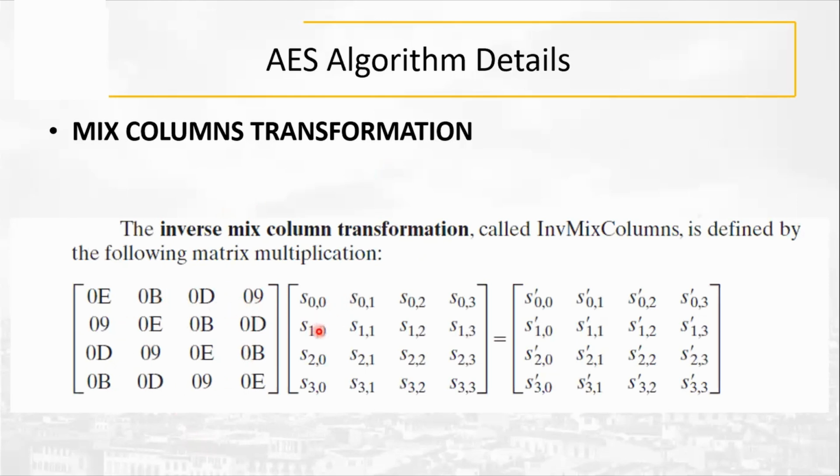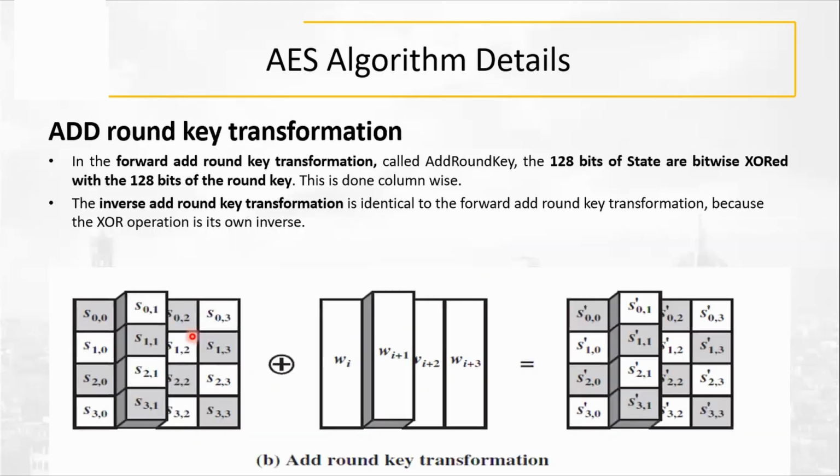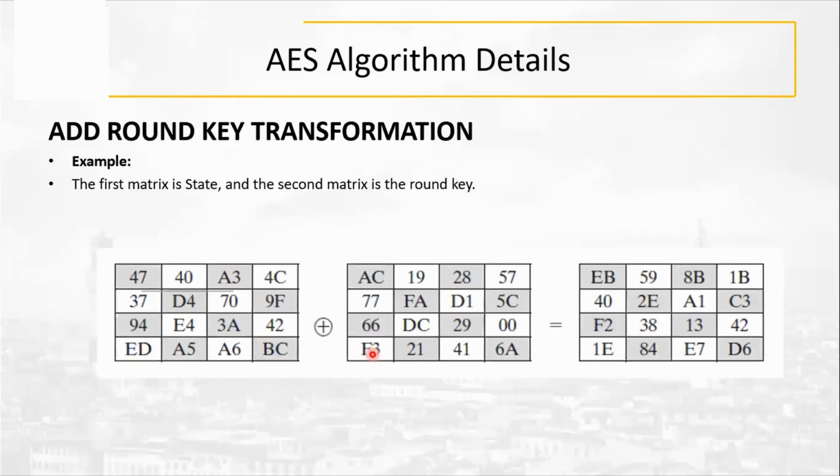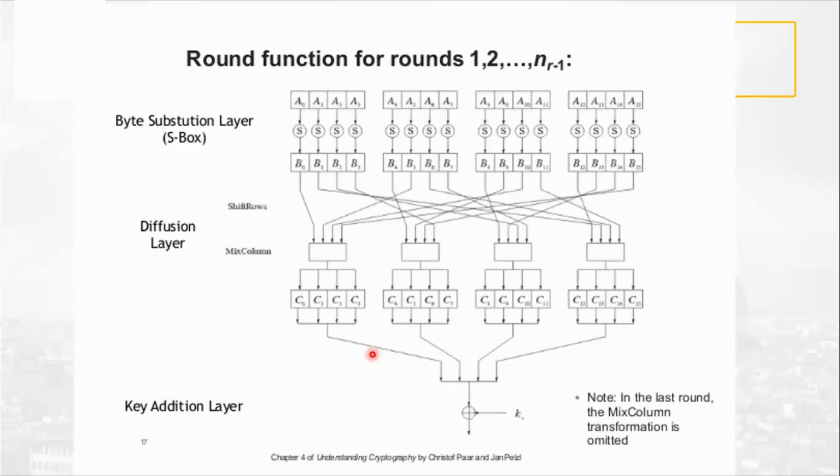Whatever the state, because this data will be different for each round during the encryption and during the decryption, whatever data you get, you have to multiply that data with this fixed mix matrix. And then the last step is to XOR the data with the key. So this is what we have seen up till now.